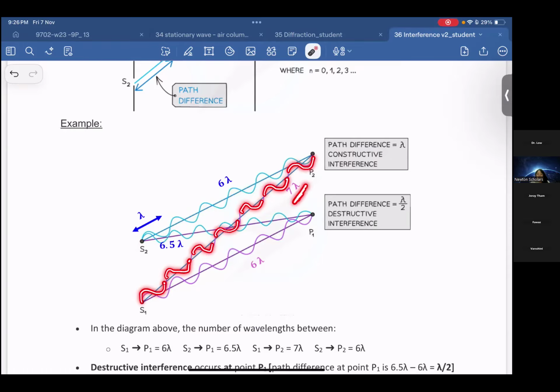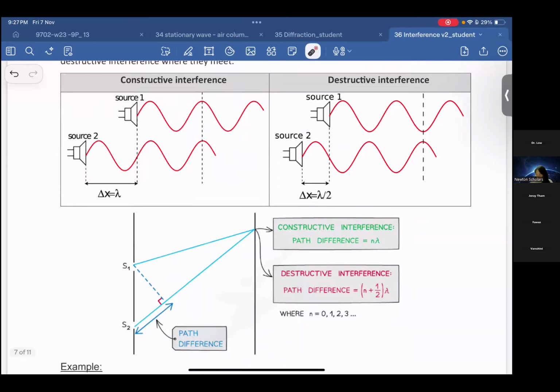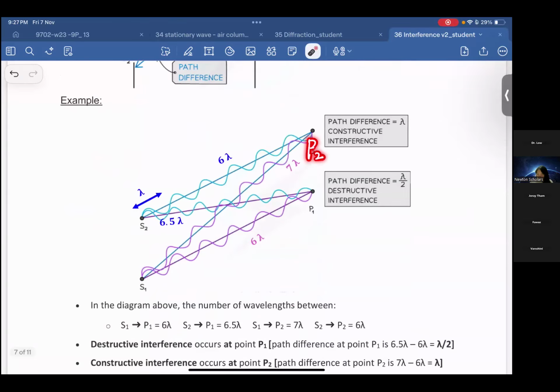I got 7 wavelengths. So what is their path difference? S1 travels an extra 1 wavelength. 7 wavelengths minus 6 wavelengths, I got an extra 1 wavelength. With an extra 1 wavelength, at the end you still get crest meeting crest or trough meeting trough. So at point P2, the waves from S2 and S1 will form a constructive interference. Why will one complete wavelength be constructive? Here.